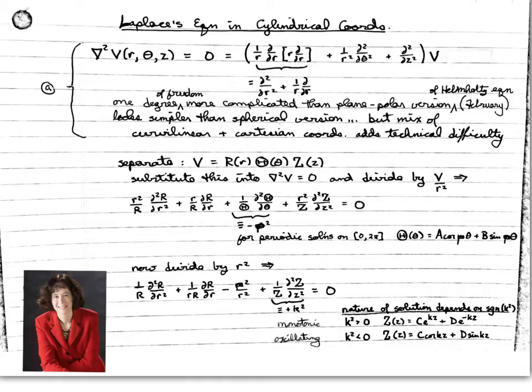On the other hand, if k squared were less than 0, the solution to this equation would be oscillating. It would depend on sines and cosines of kz. Either is possible. We just need to keep track of which sign we are assigning to k squared.